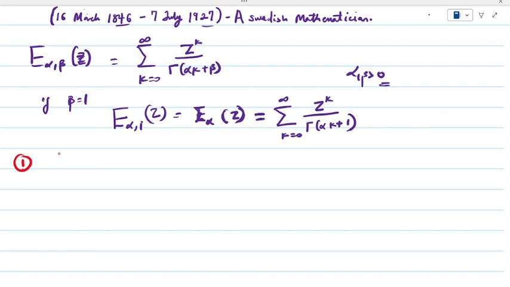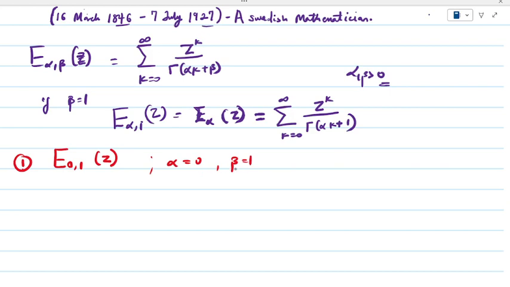Case 1, let's find the Mittag-Leffler function of 0 comma 1 of z. So let's start with 0 comma 1, then we move to 1 comma 1, 1 comma 2, etc. Here our alpha is equal to 0, our beta is equal to 1.